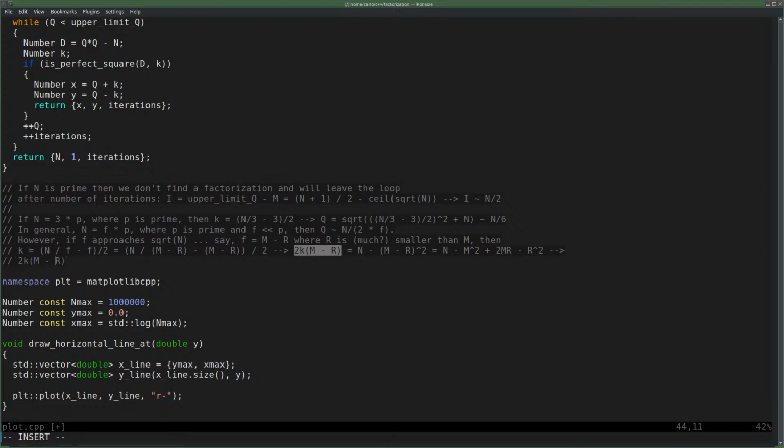So then this becomes 1 and this becomes R divided by M, equals N divided by M minus M plus 2R minus R squared divided by M.